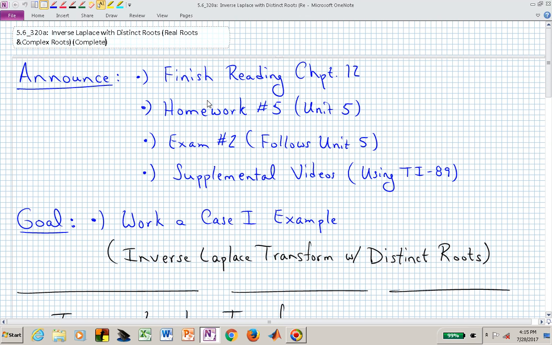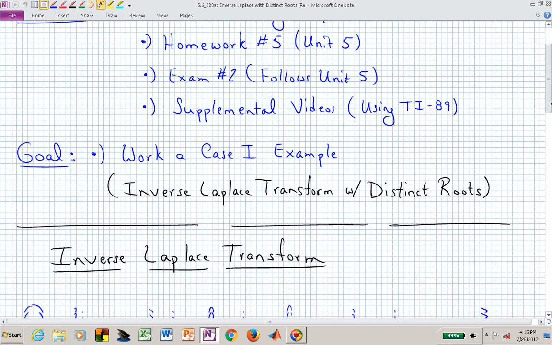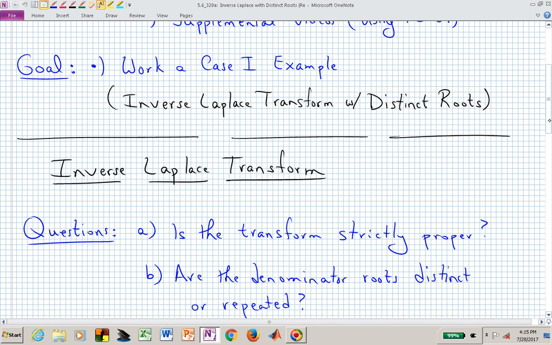In this video, we're working with an inverse Laplace transform with distinct roots, and let's get that started by remembering that there are two main questions that you need to worry about right when you're starting to set up an inverse Laplace transform.